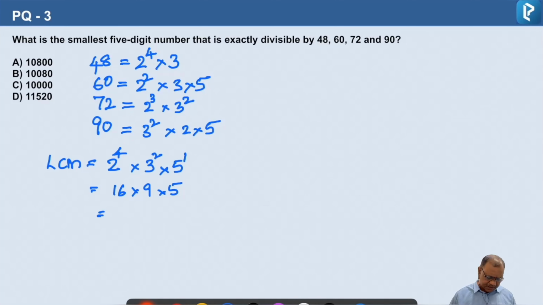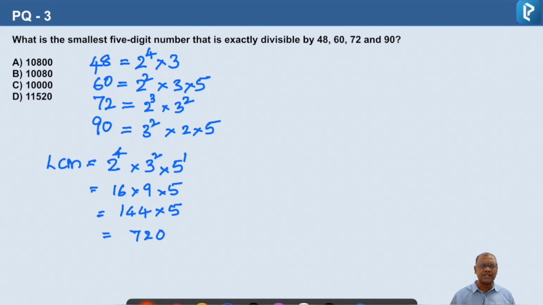So that is 16 nines, 144, multiplied by 5. That is 5 fours 20, again 5 fours 20 plus 2 22, 5 ones 5 plus 2 7. 720 is the LCM of these numbers.